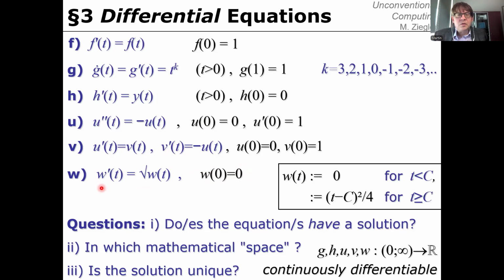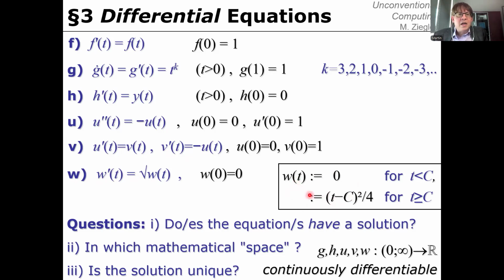So here you see infinitely many solutions, and I want to challenge you to calculate and verify that for every capital C that is positive, this function is a solution to this differential equation. Don't ask me how I found this, but simply verify.